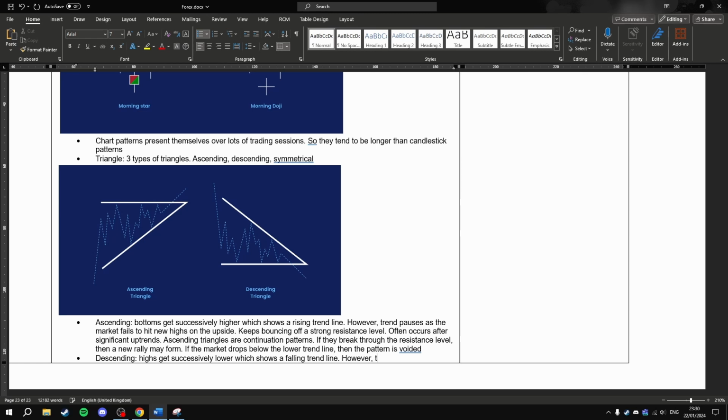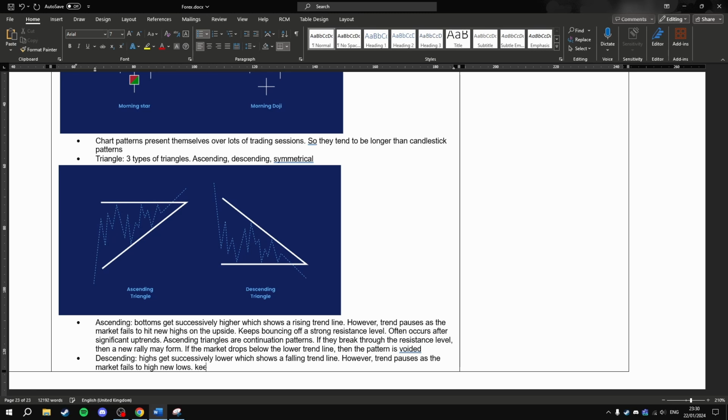However, the trend pauses as the market fails to hit new lows and keeps bouncing off a strong support level.